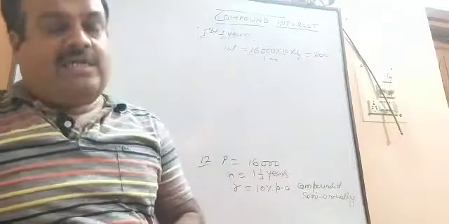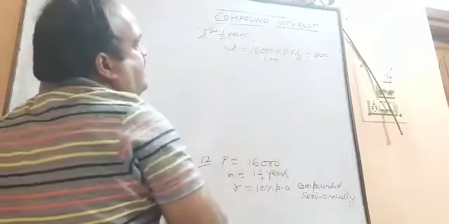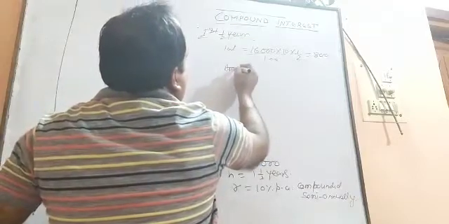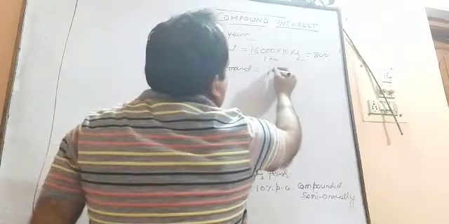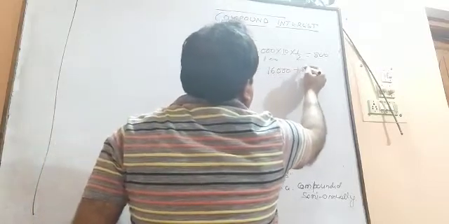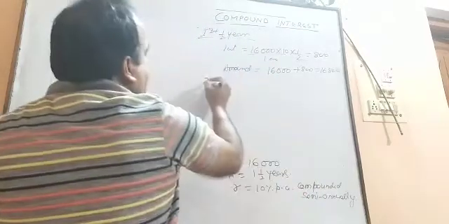So this 800 is the interest of first 6 months or of first half year. Therefore, amount at the end of first half year will be 16,000 plus 800, 16,800.